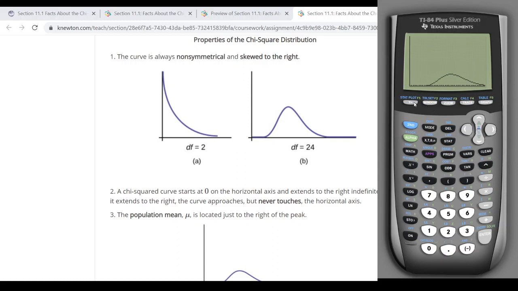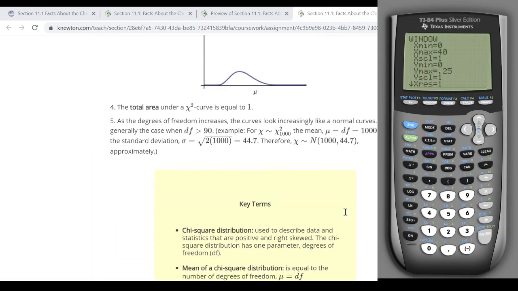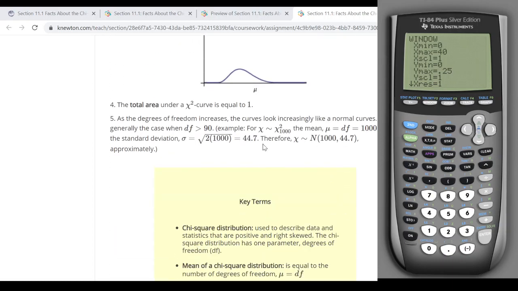Now if I change it to 1,000 degrees of freedom like they're mentioning, they said, again, the higher the degrees of freedom, the closer to a normal distribution it'll get. Again, not the standard normal. And I'll change the window. Now like they said back on the page here, this should be approximately normal, with a mean of 1,000 and a standard deviation of 44.7.